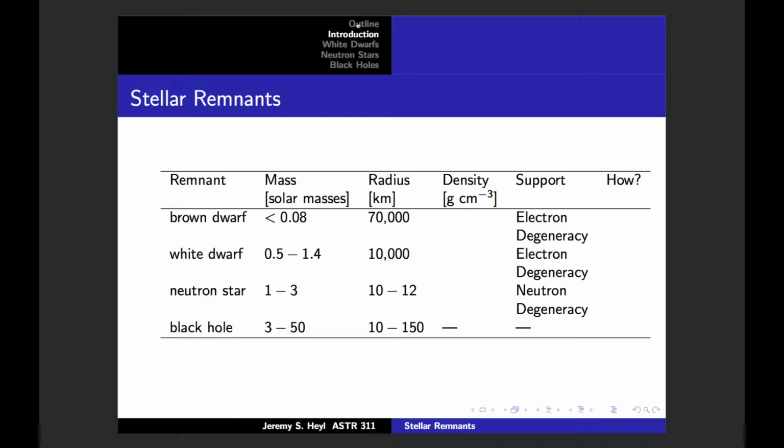So what holds it up is something called electron degeneracy. And what that means is, it doesn't have to do with the fact that you could think, oh, electrons, they both have negative charge, and the same sort of charge repels. That's not how it works.